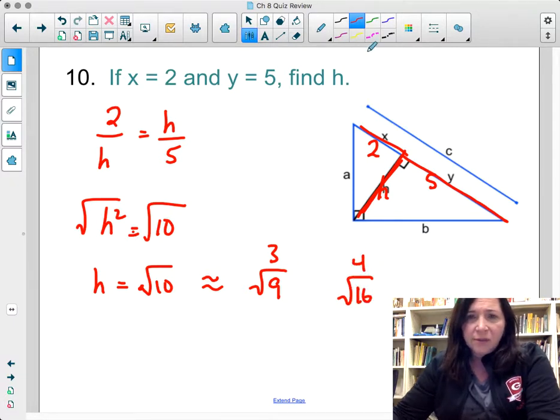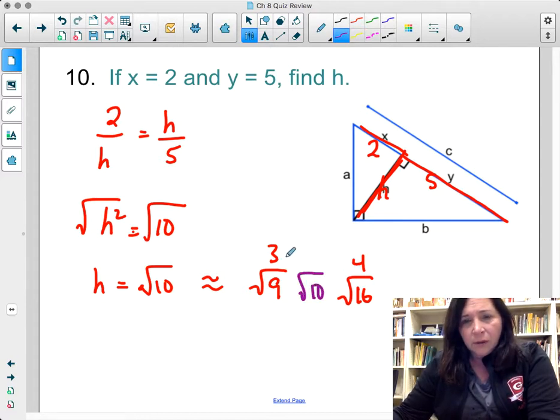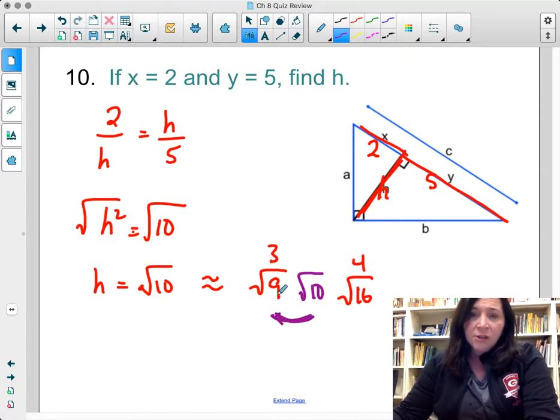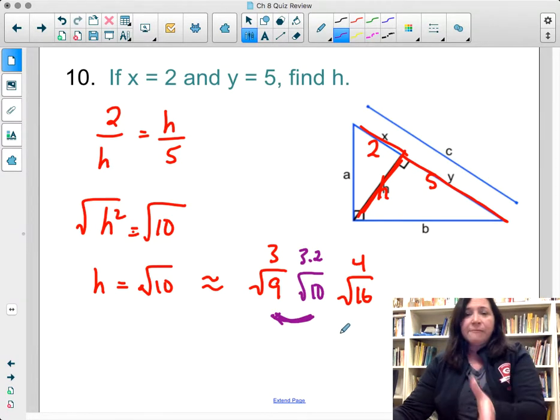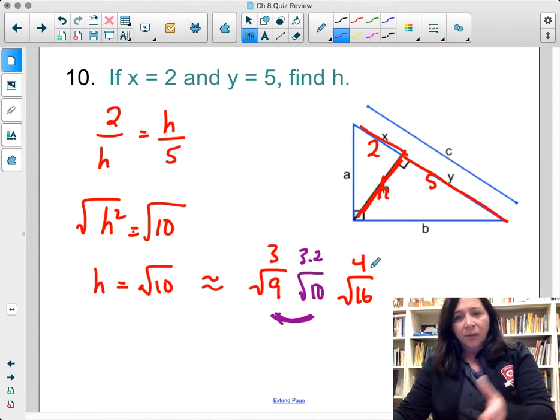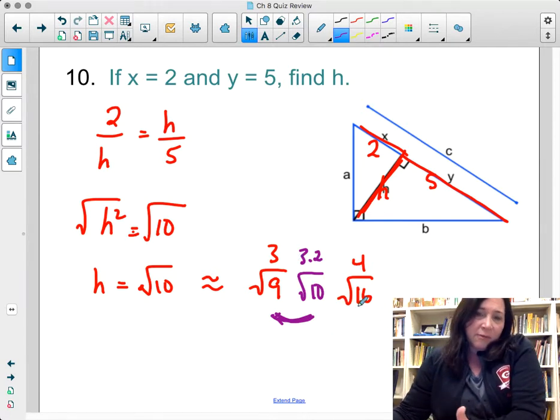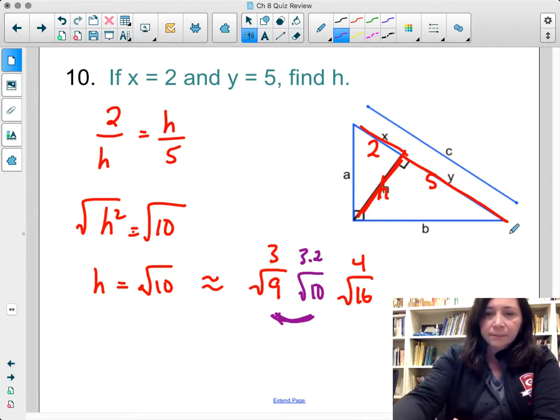The square root of 10 is in between here, so it's between 3 and 4. Is it closer to 3? Way closer. So this would be like 3.1 or 3.2, as opposed to 3.5 being right in the middle, and 3.9 being like the square root of 15 or something like that. Okay.